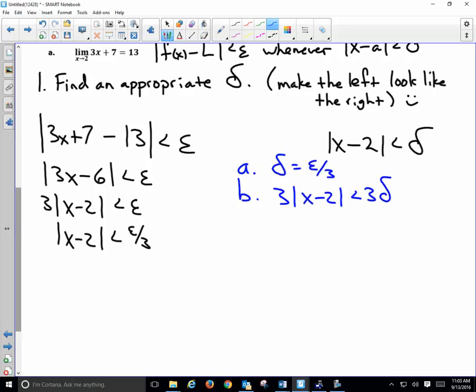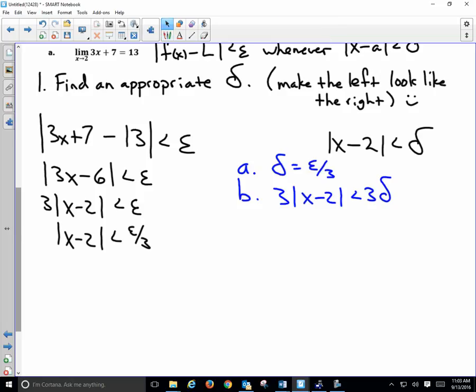Does everybody agree that if the absolute value of x minus 2 is less than delta, then 3 times the absolute value of x minus 2 is going to be less than 3 delta? Everybody okay with that? Okay, this is the groundwork. We have used this to be able to make our statement that delta is equal to epsilon over 3.